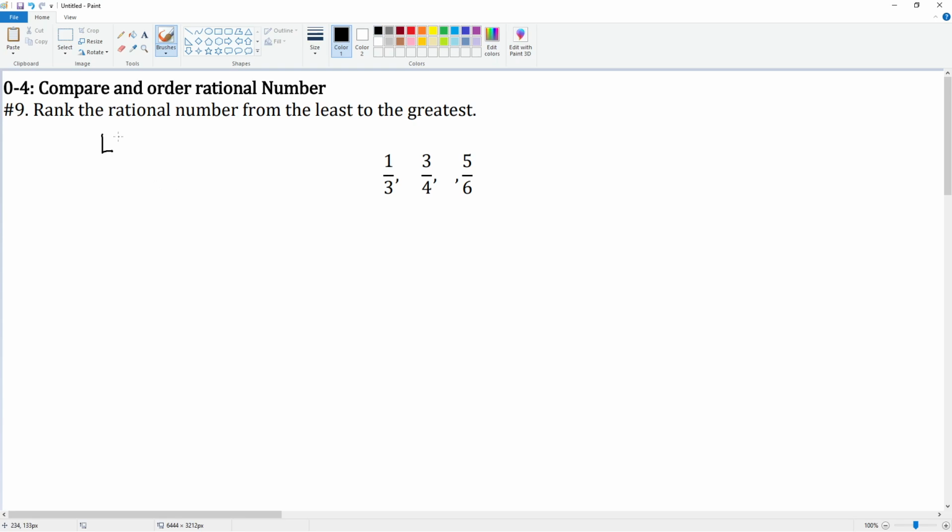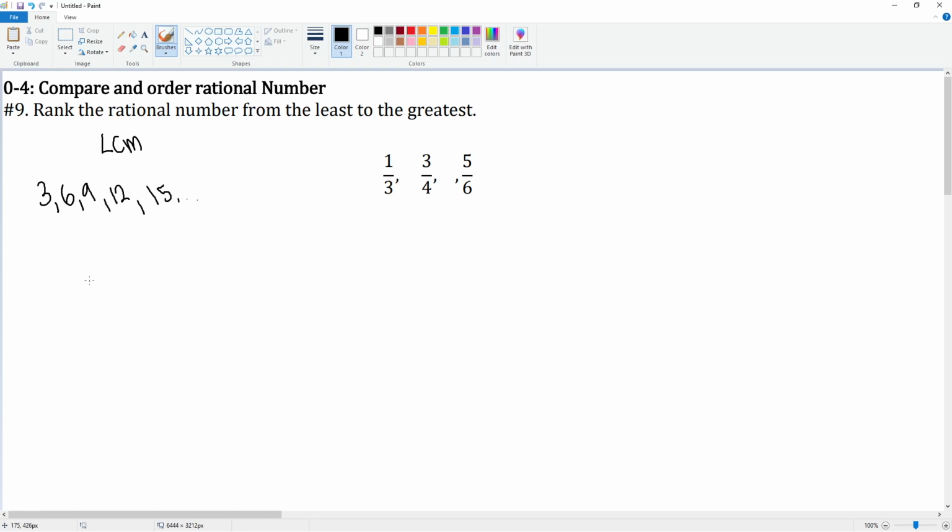So let's try to find it for 3. To do that, we can list out its multiples. 3, then it becomes 6, then 9, 12, then 15, and so on.